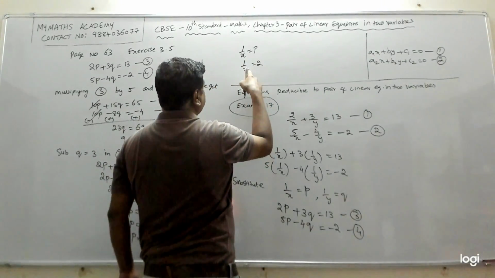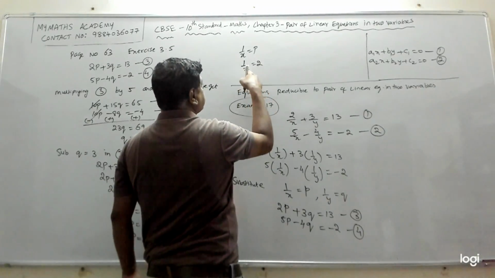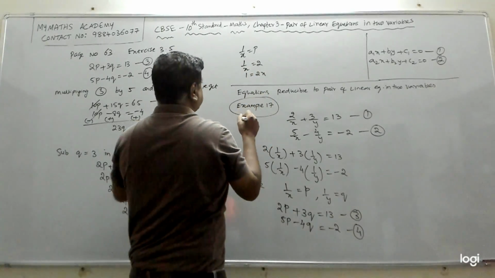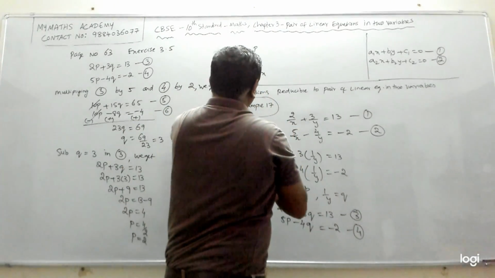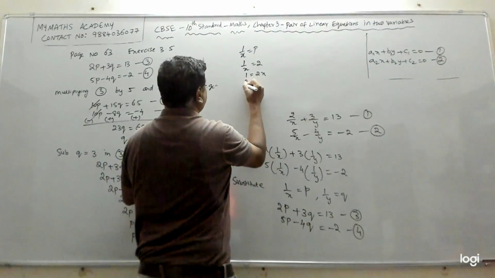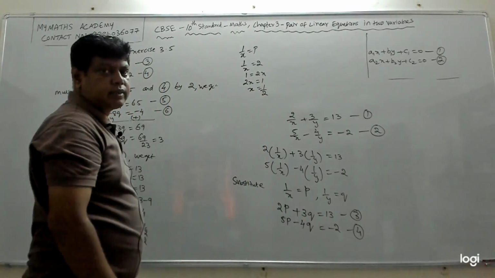When 1 by x is equal to 2, then this x will go here. If x goes here, it will become 1 is equal to 2x. Right? When 1 is equal to 2x, I can write 2x is equal to 1. Now what is my x here? 1 by 2. So we have found x.